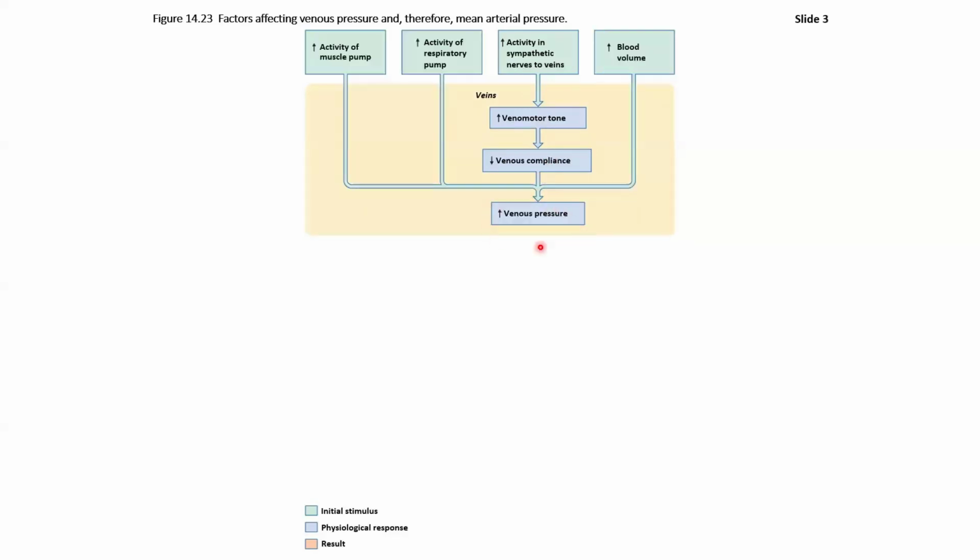That is going to increase our venous pressure. And as a result of that, we're going to see increase in blood volume. We're going to see increase in the activity of the respiratory pump, and then increase in the activity of the muscular pump. So all three of these mechanisms will be elicited as a part of increasing venous pressure, and all of these favor more blood going back to the heart.